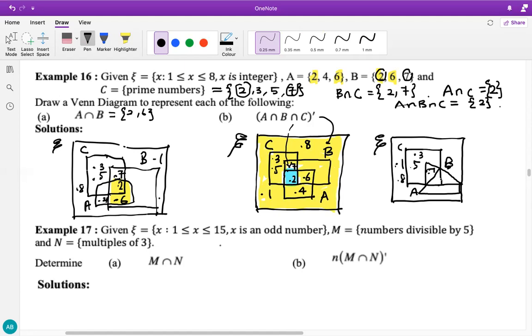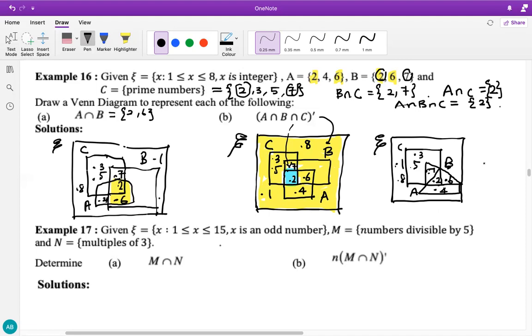This one is the universal set. This one inside is the common element 2. And this one is 6. This one is 4, right? 2, 4, 6 for set A, 2, 6, 7 for set B, and then set C is 2, 3, 5, 7, and then outside C, B, and A is 1 and 8.